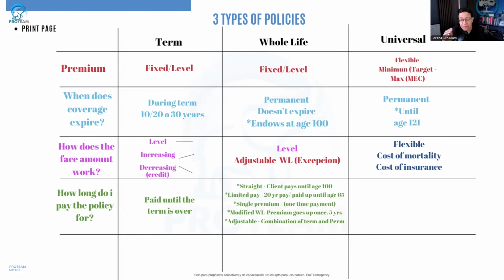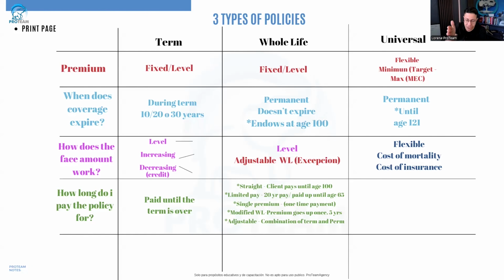So the premium is going to go up after 5 years and then stay the same. If in the test you see a question that says so-and-so is going to be paying $400 for a whole life policy, and then in 5 years they're going to start paying $800 and it's never going to change, they mean modified whole life. Modified does not mean that you can change it.